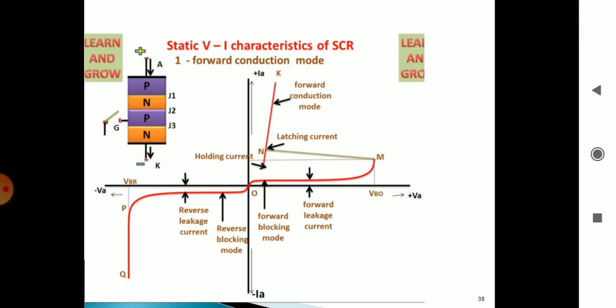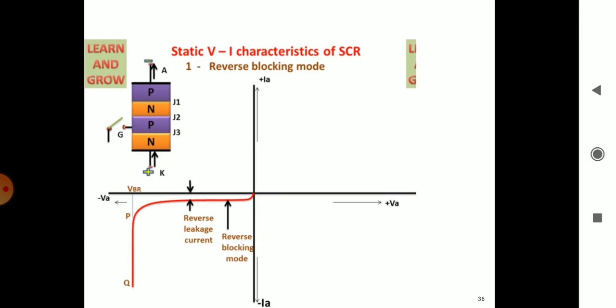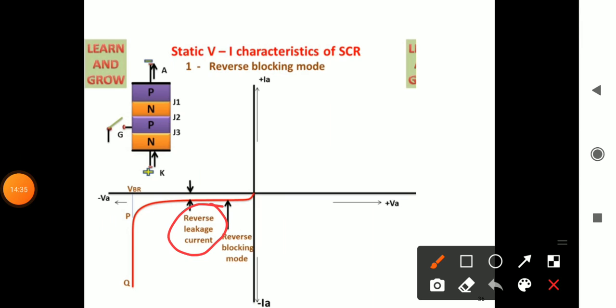So, three modes of operation. The first one which we explained is the reverse blocking mode. In reverse blocking mode, anode is connected to the negative terminal and cathode to the positive terminal. That's why junctions J1 and J3 are in reverse bias, but J2 is in forward bias. As J2 is in forward bias, a small leakage current will flow in the reverse direction, that is reverse leakage current.